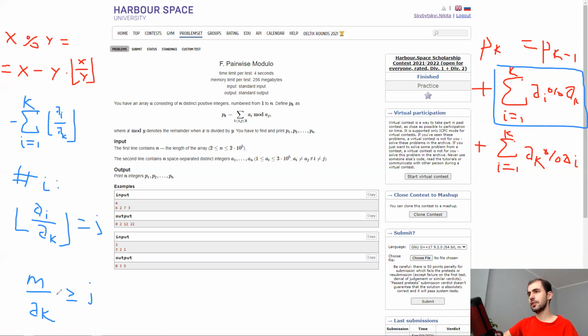And then when you average over all ak's, you see, okay, so I'm getting m over a1 plus m over a2, etc., plus m over an different queries. And that number is not particularly large because the minimum these numbers can get is 1 through n because they are all distinct.